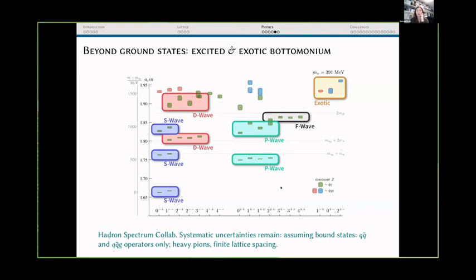Here again, you can see the continuum quantum numbers, and over here you see the states which have exotic quantum numbers. These are quite high lying and include, according to the color coding, which may be a little bit hard to see, I apologize, it's quite small, the red and the blue colored boxes.